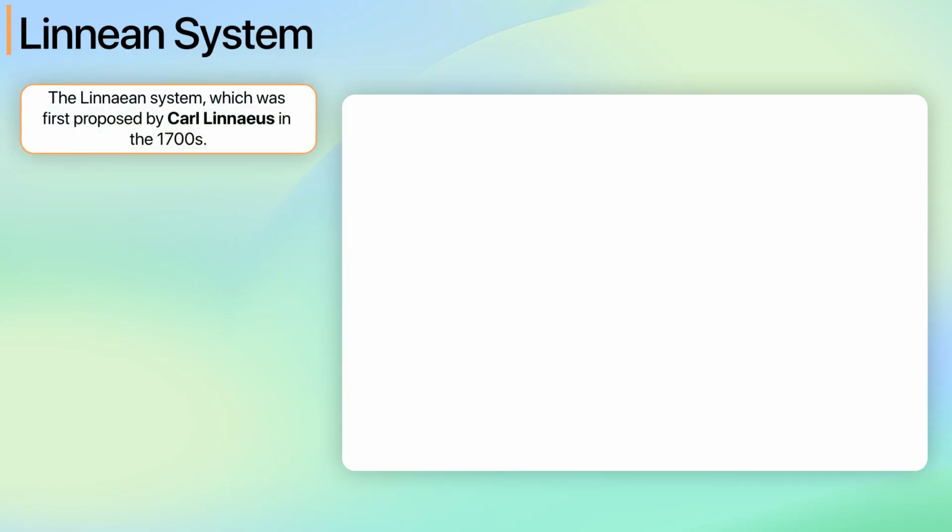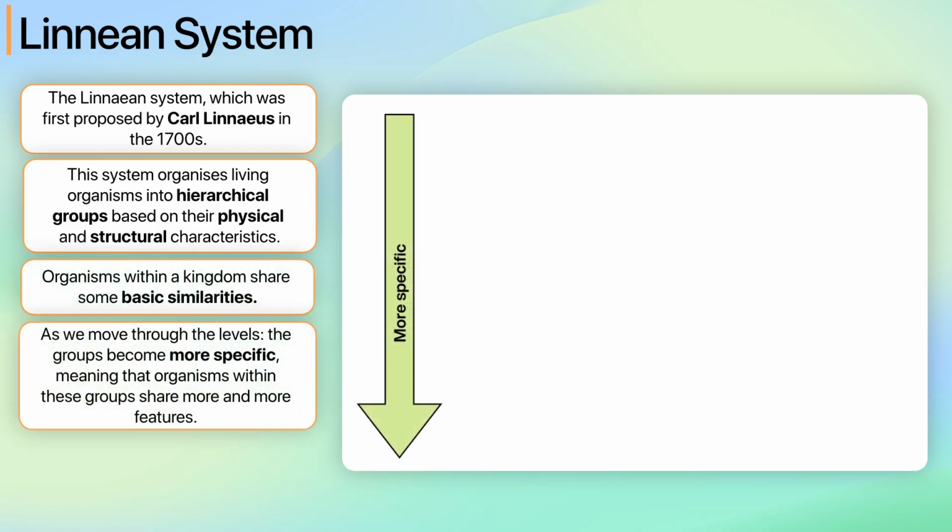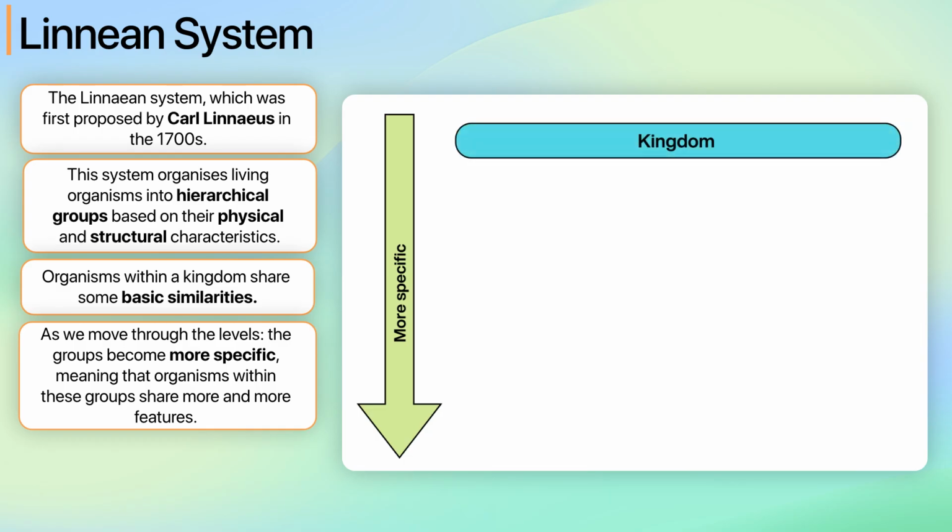To begin our exploration into classification, let's look at the Linnaean system, which was first proposed by Carl Linnaeus in the 1700s. This system organizes living organisms into hierarchical groups based on their physical and structural characteristics. The broadest category in this system was originally the kingdom. Organisms within a kingdom share some basic similarities.